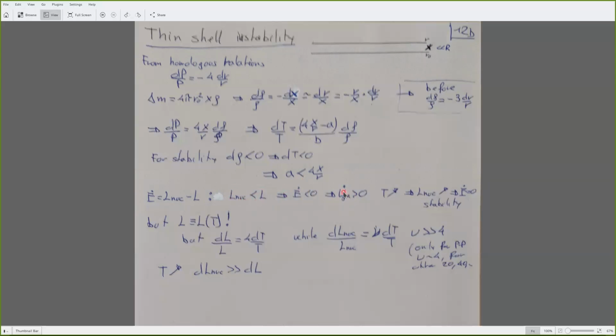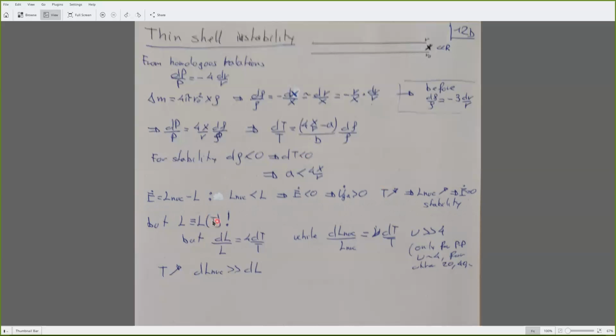That means the internal energy of the gas will increase the temperature. This will increase the total nuclear luminosity. That will bring the variation of the total energy back to 0. So we have stability. This is without considering the relation between L and the temperature. This is the relation for stability.